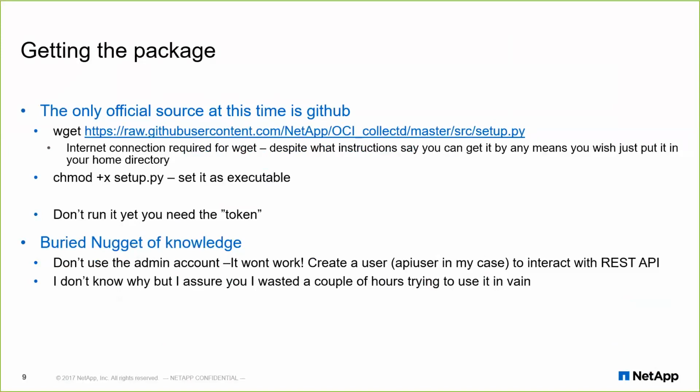And again, the instructions are not super clear on the order to do these things. You need the security token for it to do the setup. And again, the instructions imply, oh, just do chmod and then run this. Well, you won't have the token, and you won't be able to pass it the right command line parameters. So don't run it yet.